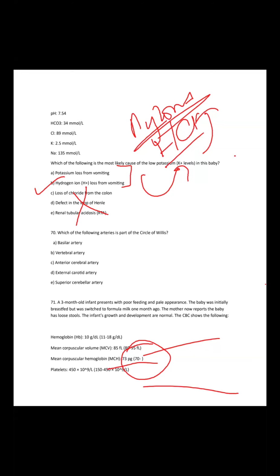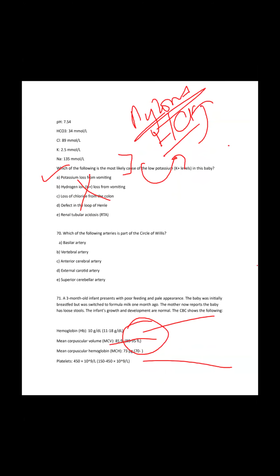Can we lose potassium in our vomiting? If you have an alkalotic picture, you will try to absorb hydrogen. When you try to absorb hydrogen, hydrogen and potassium go along with their sides. They don't go, I think, in opposite directions.